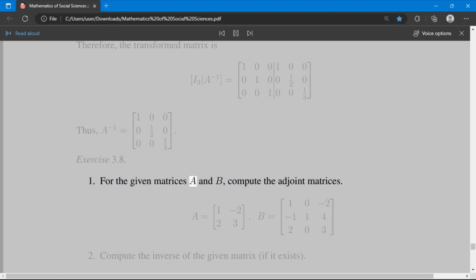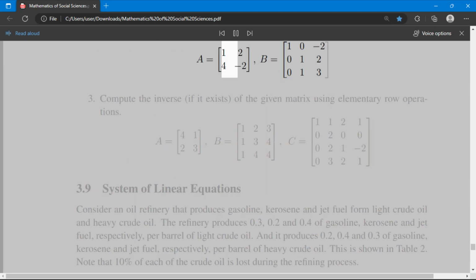Exercise 3.8. 1. For the given matrices A and B, compute the adjoint matrices. A equals 1 2 2 3, B equals 1 0 2 1 1 4 2 0 3. 2. Compute the inverse of the given matrix, if it exists.